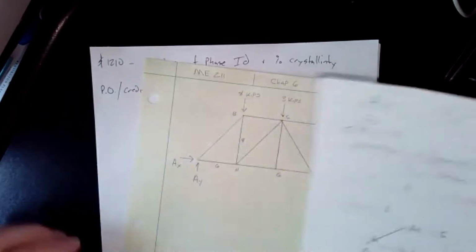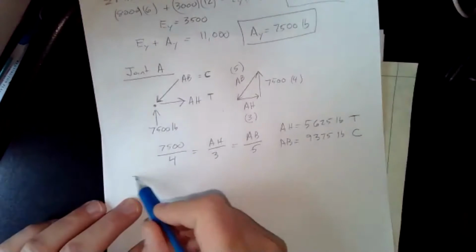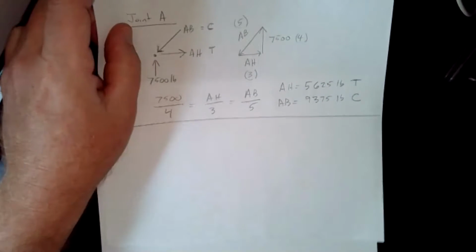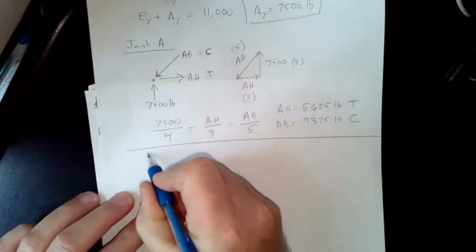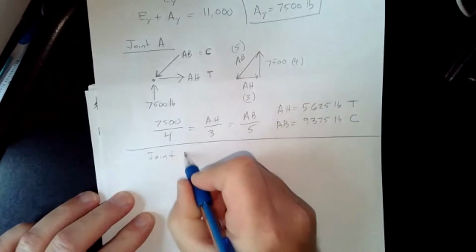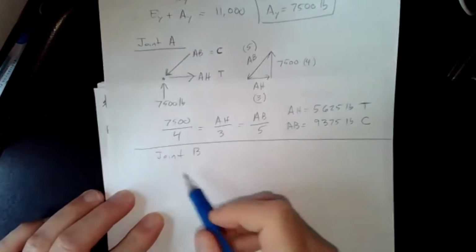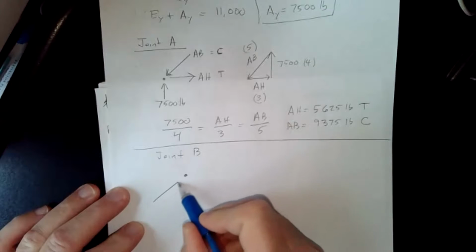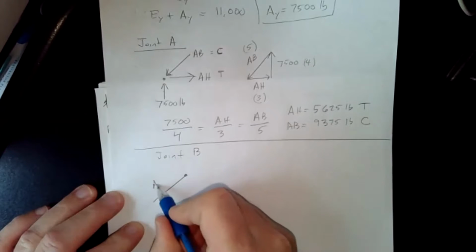All right. So if we go to joint B, let's just draw it. So here's joint B. Here's AB.